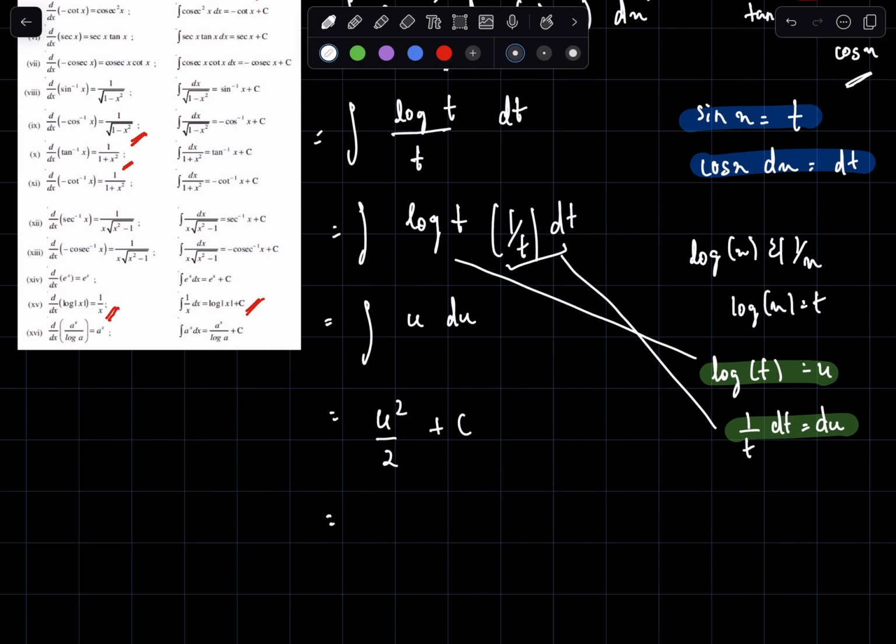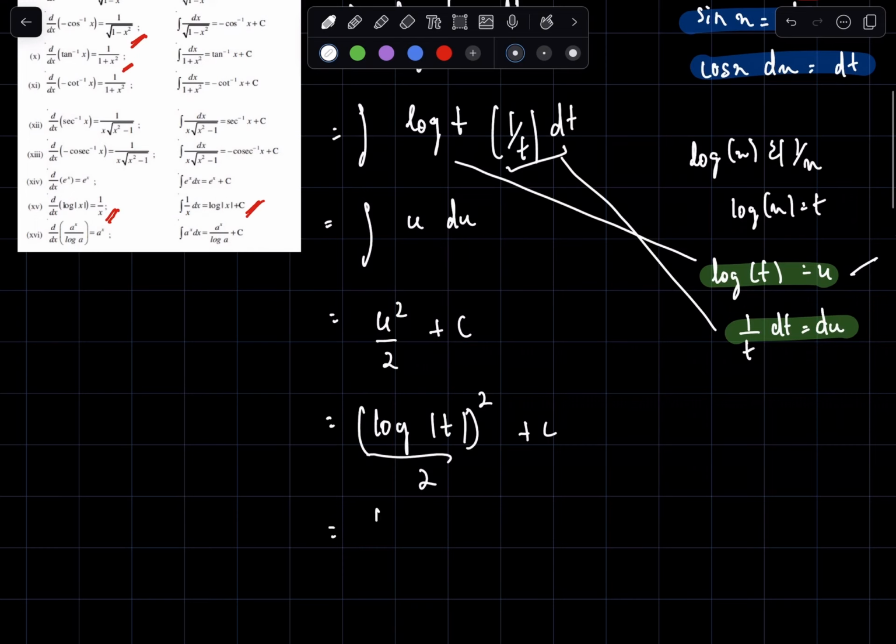Simple. So now substitute backwards, right? So first we substitute for this, which is log of t the whole square divided by 2 plus c. And then we substitute the t value, which is sine of x, which is equal to log of sine x the whole square divided by 2 plus c.